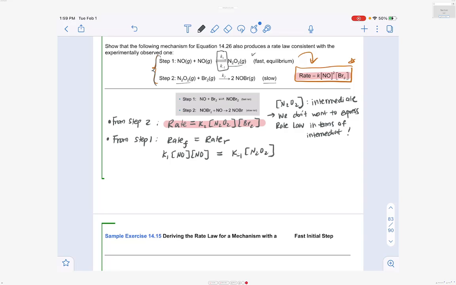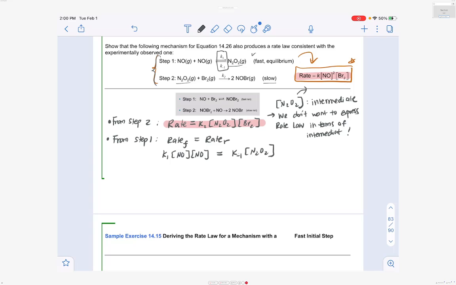The reason is because intermediates are unstable, low in concentration. It's going to be made and quickly consumed during the reaction. So we don't really want to have intermediate in the overall rate law. So we want to find some other expression that can substitute the intermediate.